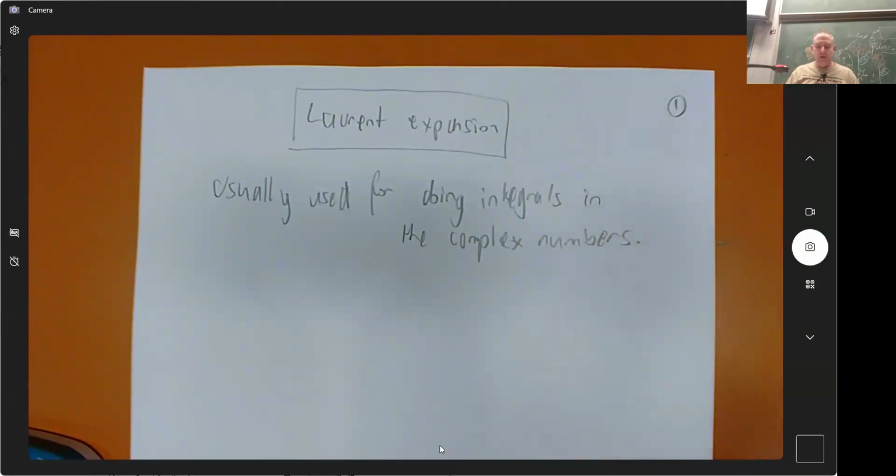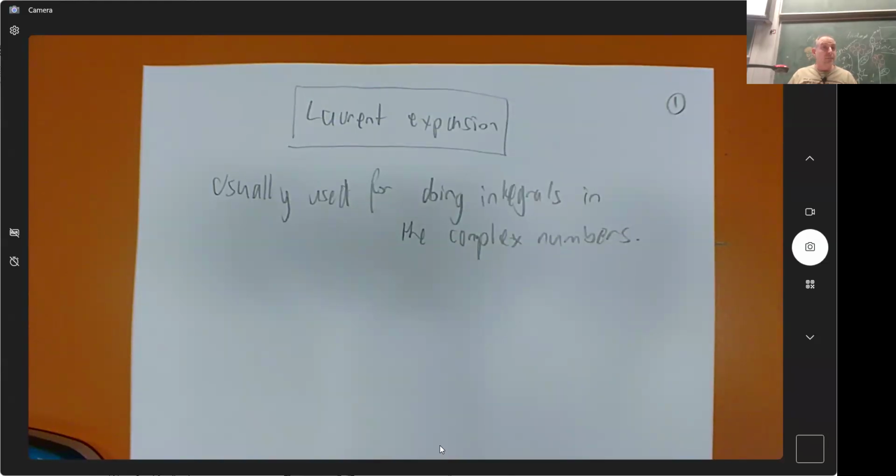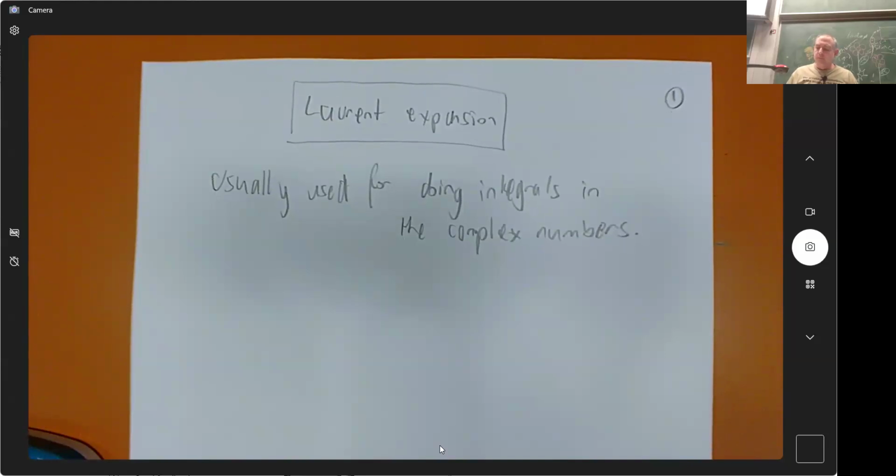Okay. So they're usually used for the purposes of doing integrals in the complex numbers. And yeah, that's pretty much the deal. And so we're going to have to talk about those integrals along the way in order to do it. I'm just organizing my thoughts.